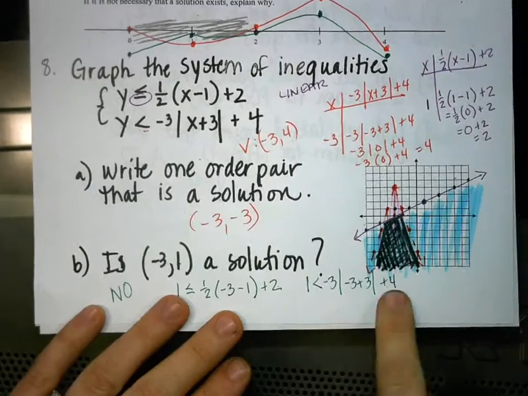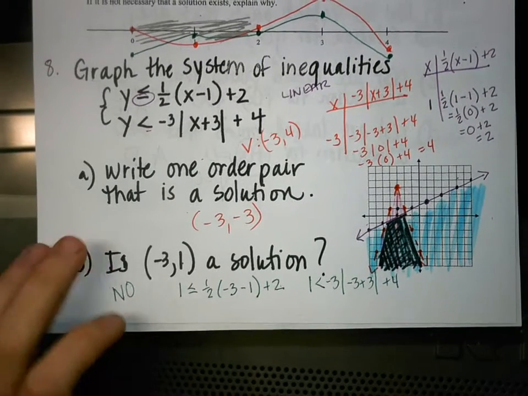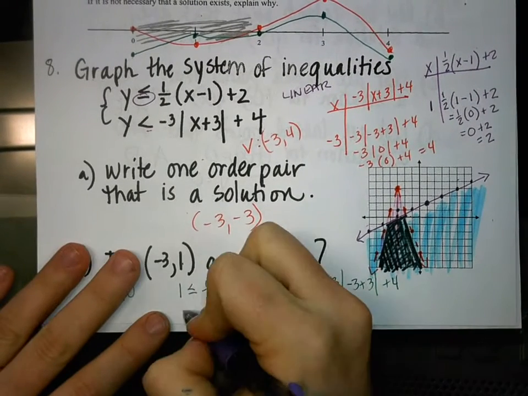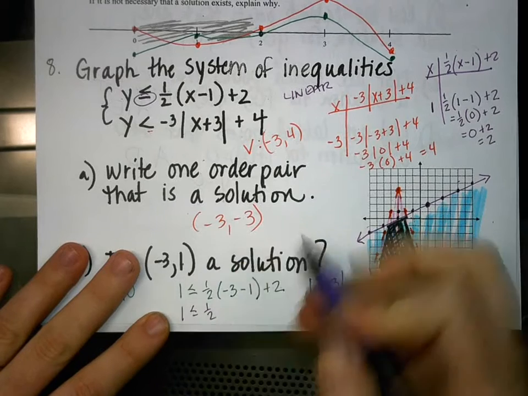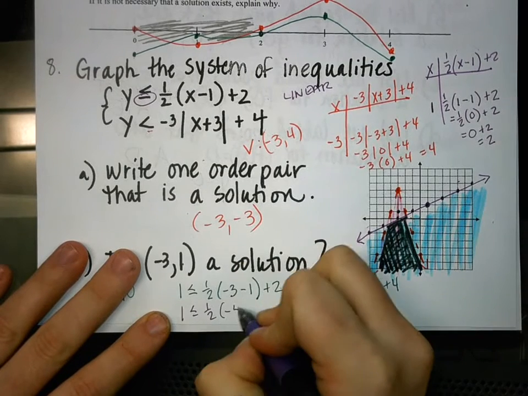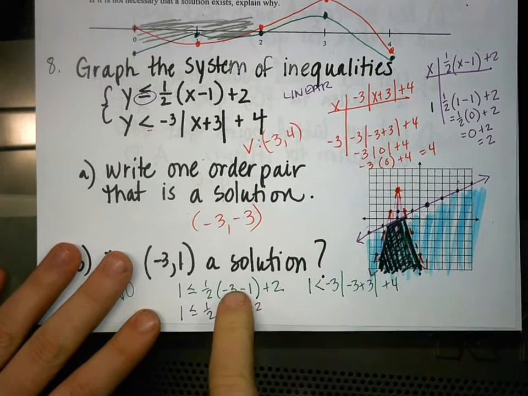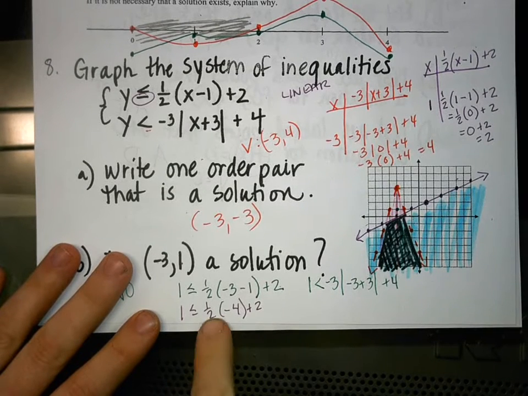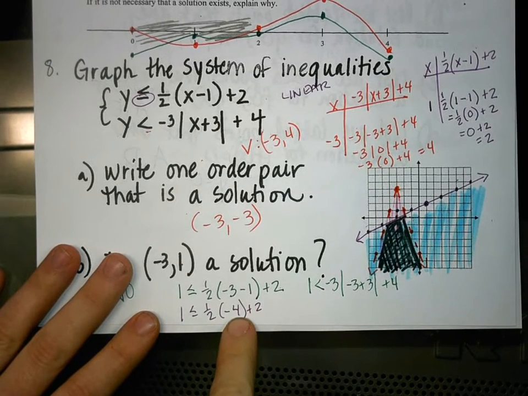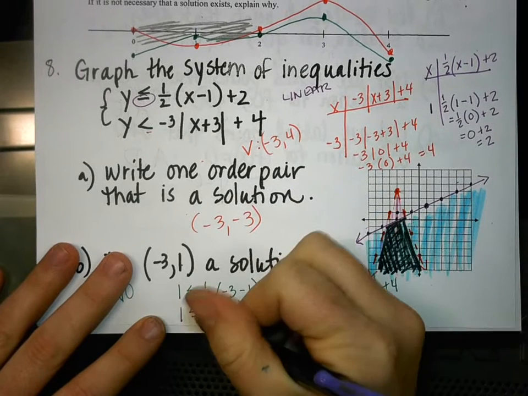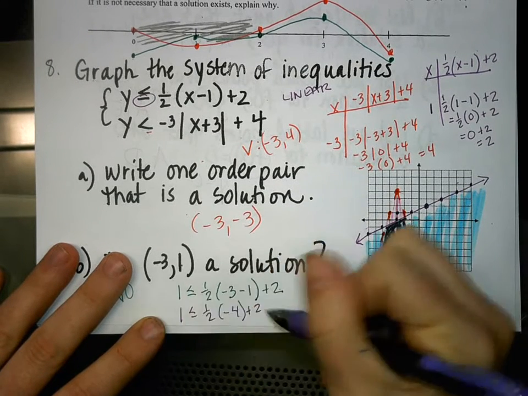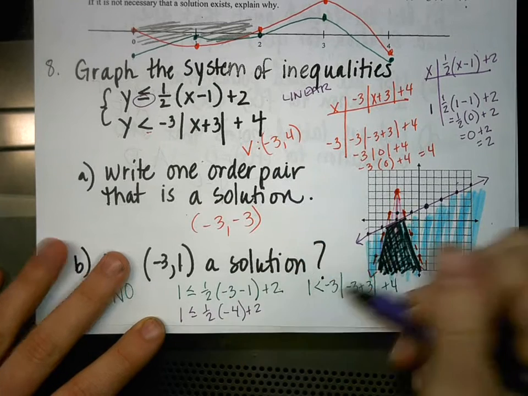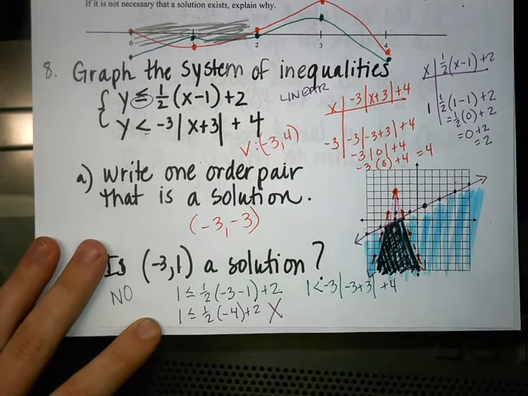This part's easy, but let's go from left to right. 1 is less than or equal to... -3 minus 1 is -4. Order of operations, parentheses first, I get -4. Then multiplication. I have no exponents, so multiplication comes next. Half of -4 is -2, and -2 plus 2 is 0. So this means 1 is less than or equal to 0. Positive 1 is not less than 0, so that does not work.